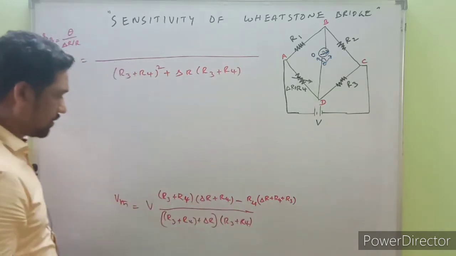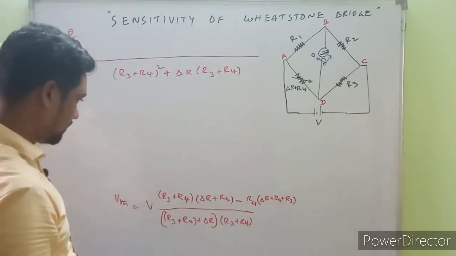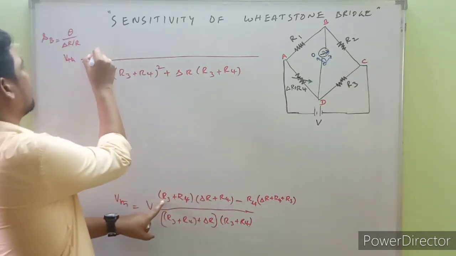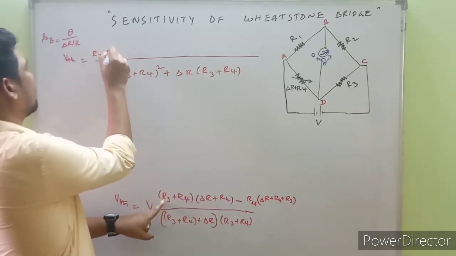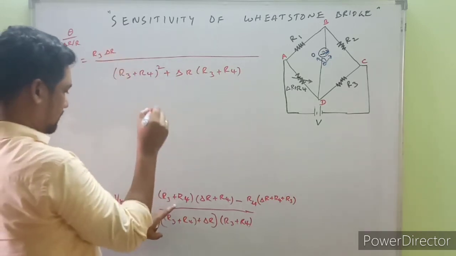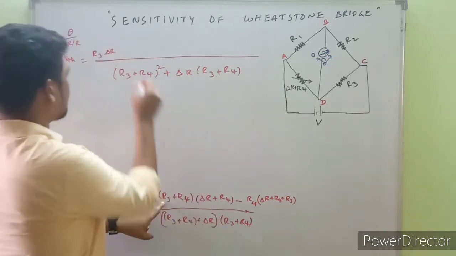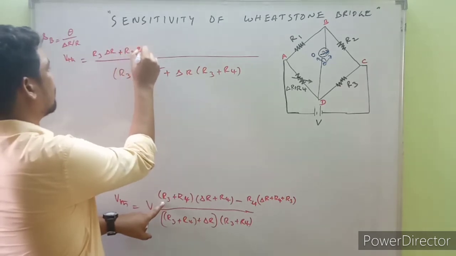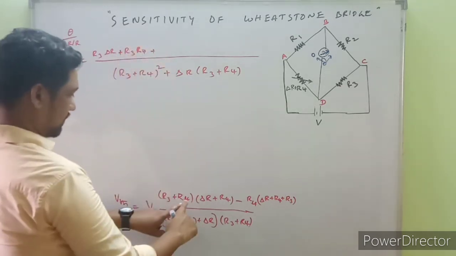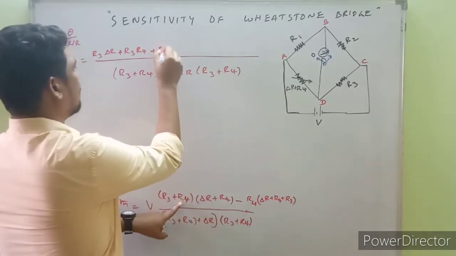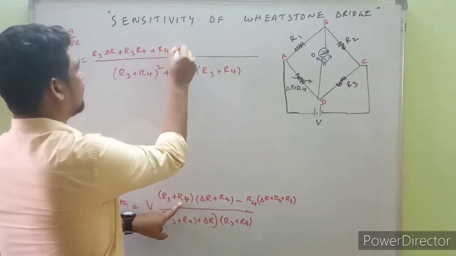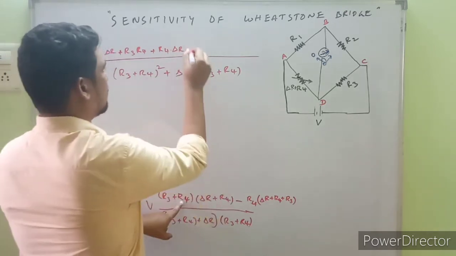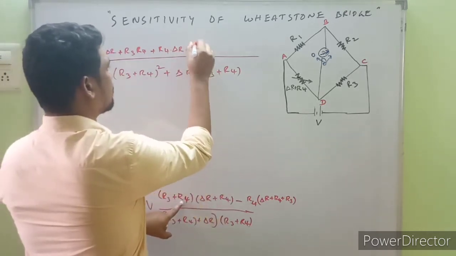That's done with the denominator. We have to look into the numerator. This into this, we have R3 del R plus R3 R4 plus R4 del R plus R4 square.